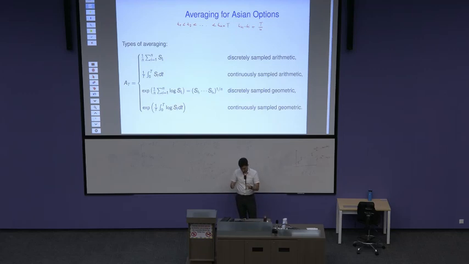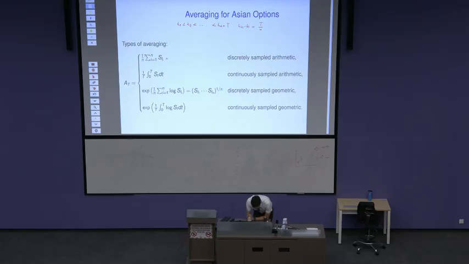Okay, so we have n of them, so we have something like a grid of times, and the distance between the time points is T over n. And this means this object here, the arithmetic average, is also something.